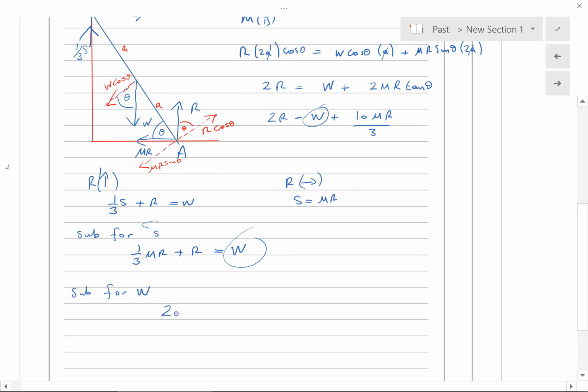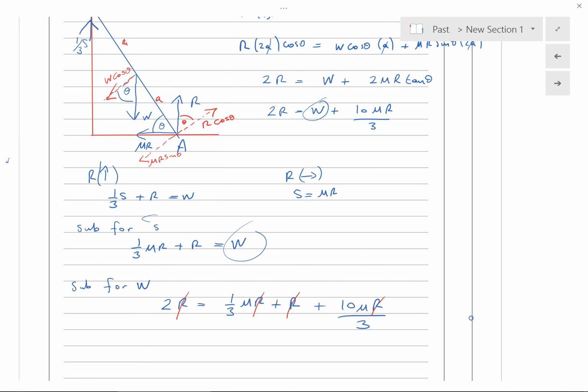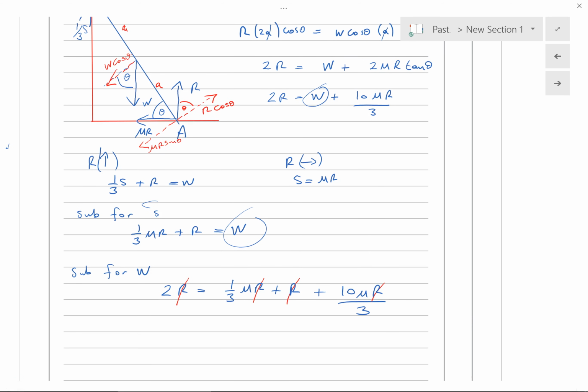So that's 2R equals 1/3 of mu R plus R, that's W, plus 10 mu R over 3. So now we can see that R is going to cancel. Okay, so hopefully that's going to get us our value for mu.